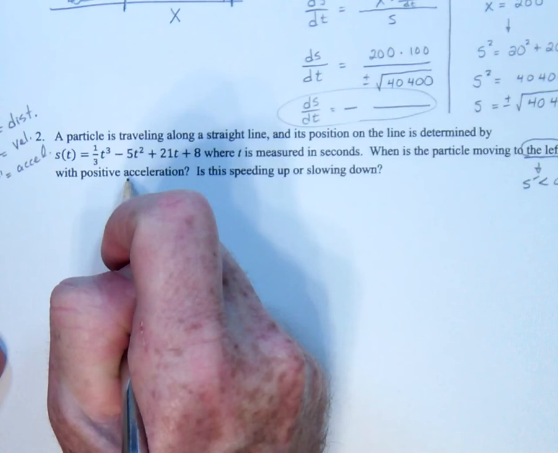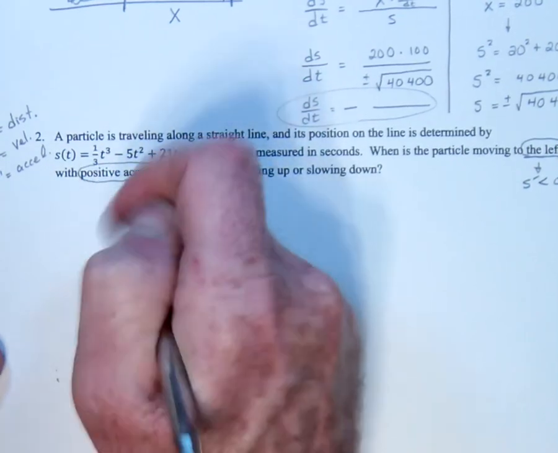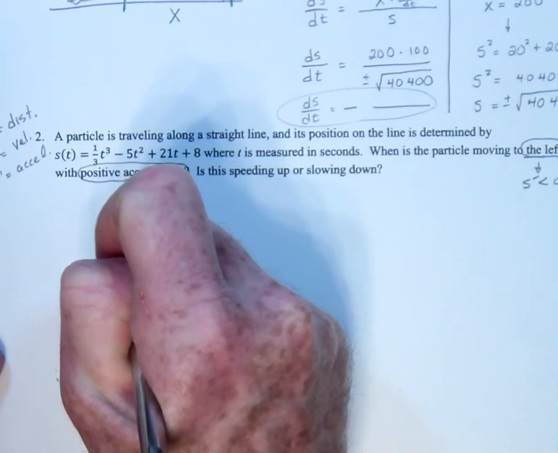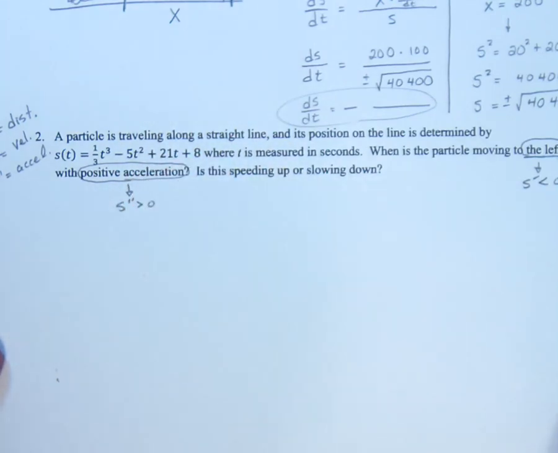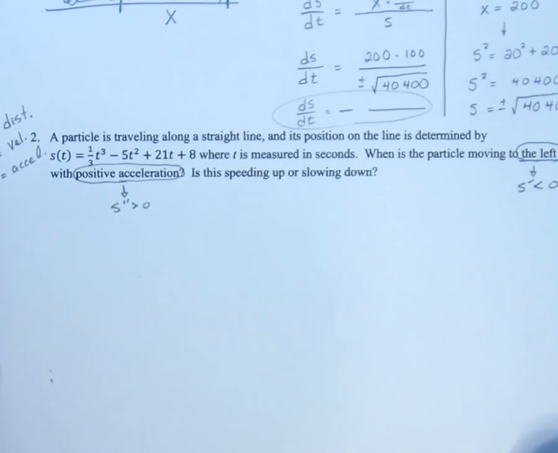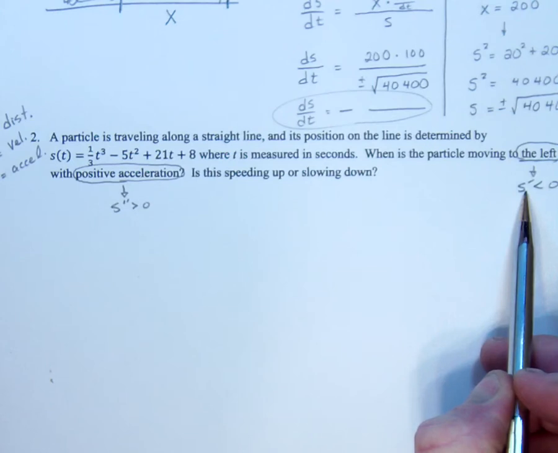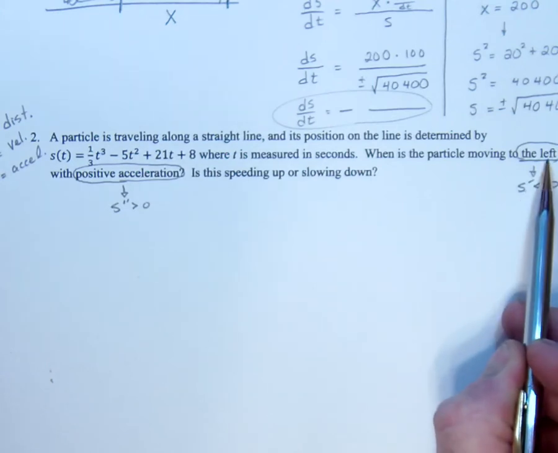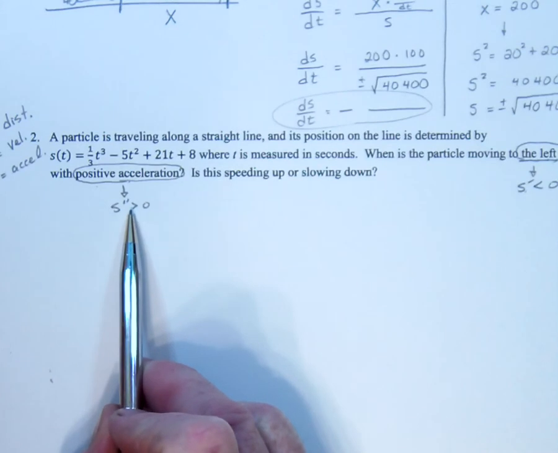And as I said, acceleration means second derivative. So this part is saying, when is the second derivative positive? So once we've interpreted that calculus, that this is saying, when is the first derivative negative, because of the word left? When is the acceleration positive? So when is the second derivative positive?